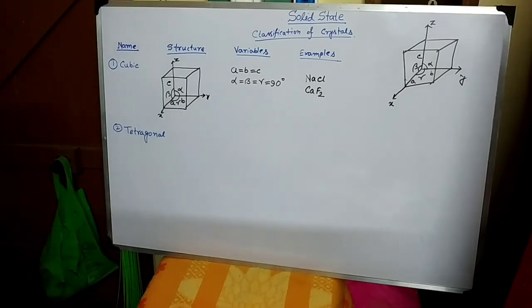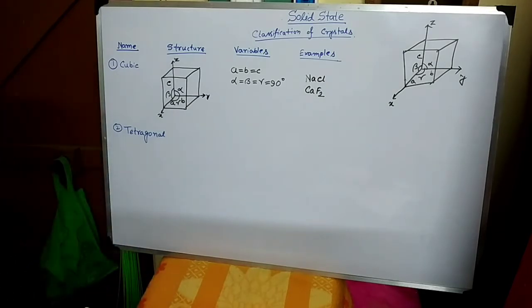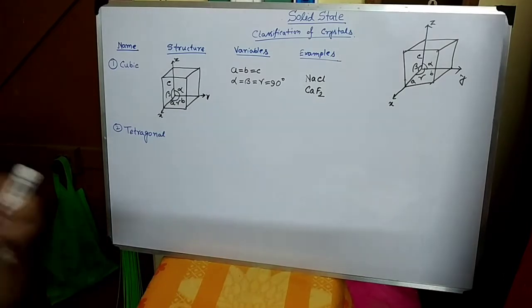Tetragonal. What will be the shape of the tetragonal? Tetragonal have one arm different from the other two. So I am trying to draw that one.